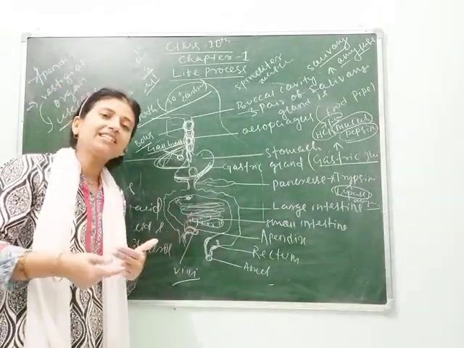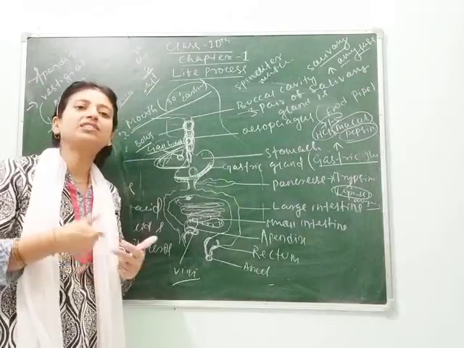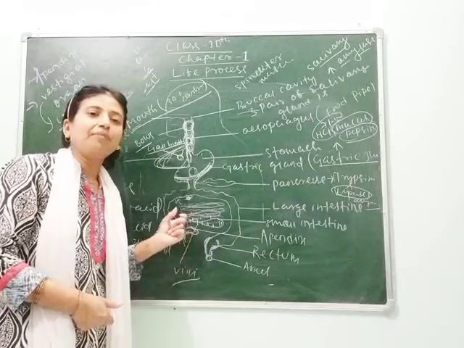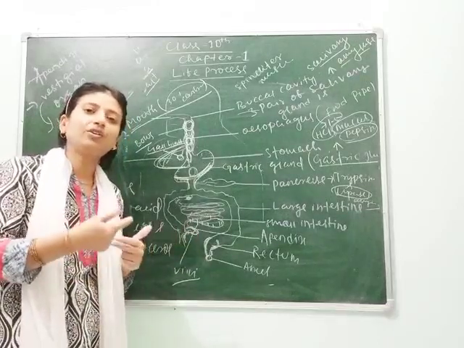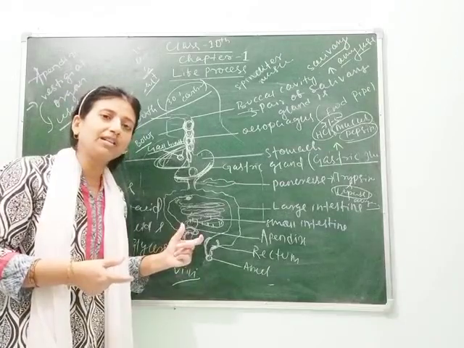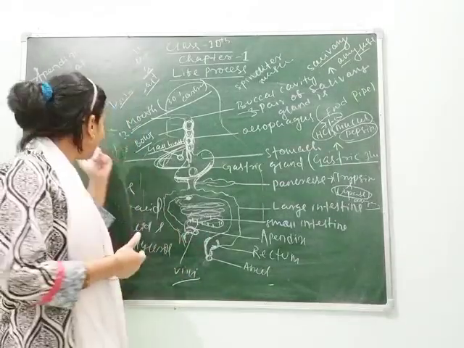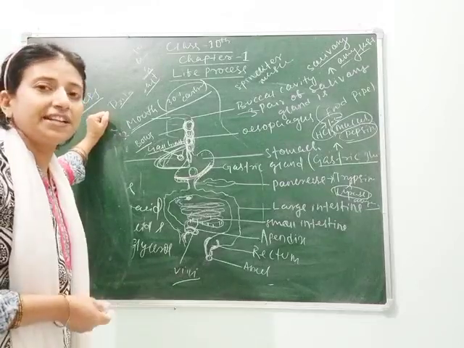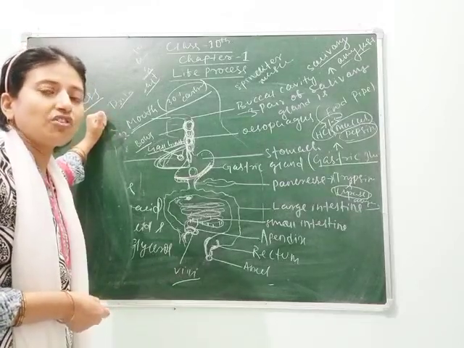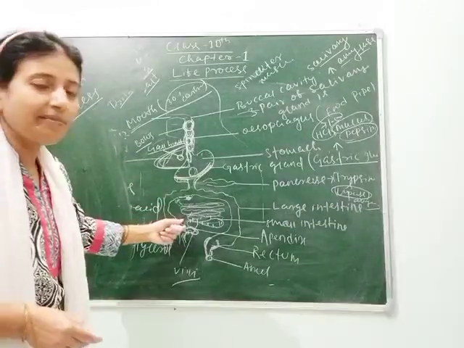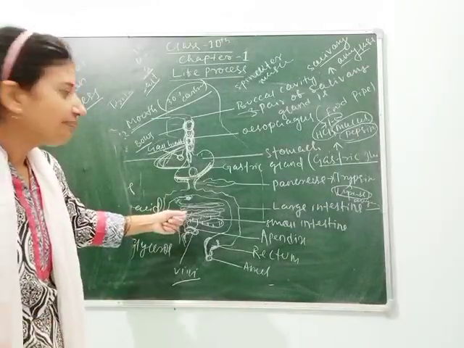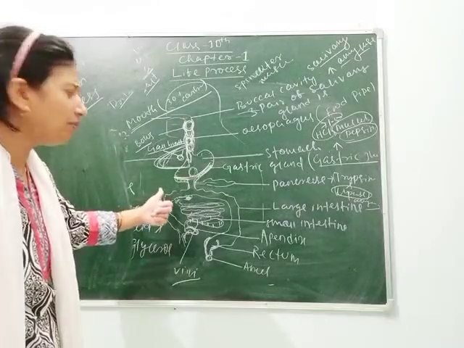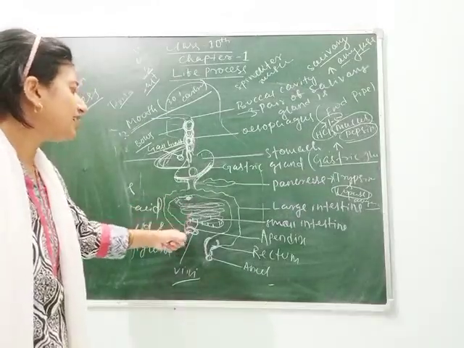To digest these raw foods, meaning to digest the cellulose present in the raw food, the appendix helps. But when we started eating cooked food, the appendix gradually became dysfunctional, meaning it is useless. But still it is present in our body and provides us immunity by trapping microorganisms. Clear? If we remove the appendix from our body due to any problem, it will not affect our body. So this is called a useless organ.